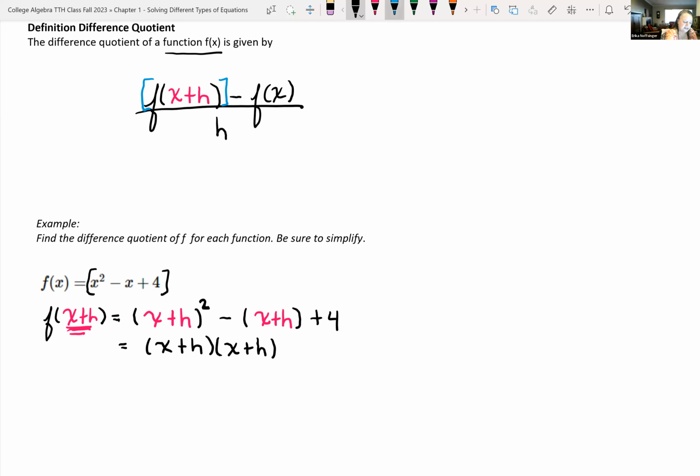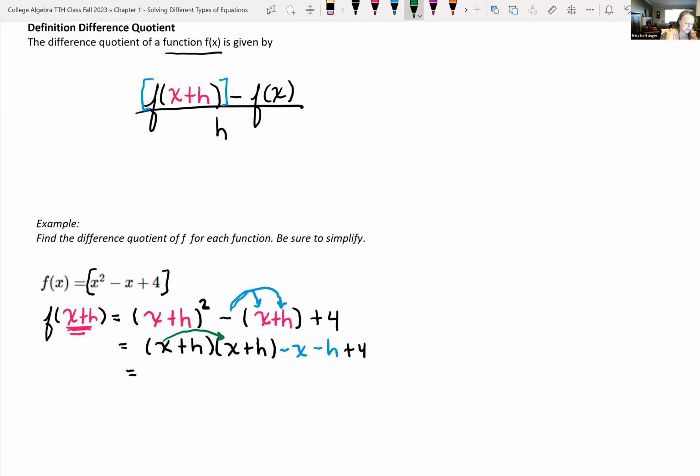The other thing is you need to make sure that you're distributing your negative if you have one. And so this would give us negative x minus h, bringing down the plus 4, is equal to, and so let's go through and distribute and combine like terms for this piece.